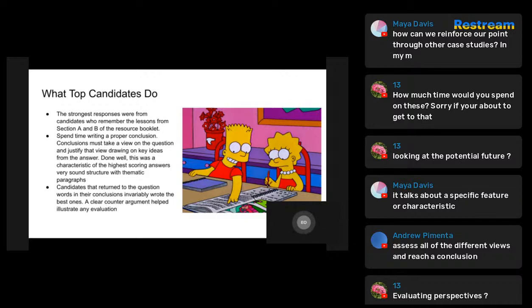And the candidates that return to the question words, i.e., you saw in the previous one, superpowers was a key word that was used. If you're going to refer back to those keywords, generally those candidates tend to write better. There's a clear counter argument that helps to illustrate any evaluation.